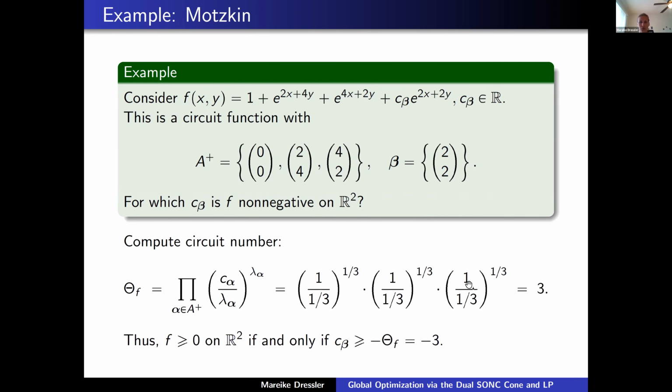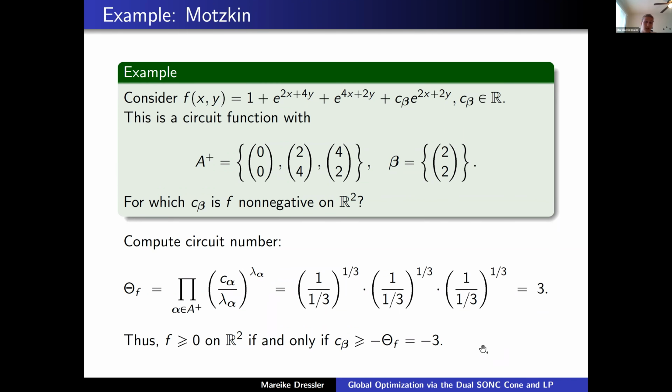So let's compute the circuit number for this function. First we have to consider all the coefficients corresponding to the vertices, which are all 1. And then we have to compute the barycentric coordinates. We find out that they're all 1/3 in this case. And now we just plug in and compute, and we see that the circuit number in this case is 3.